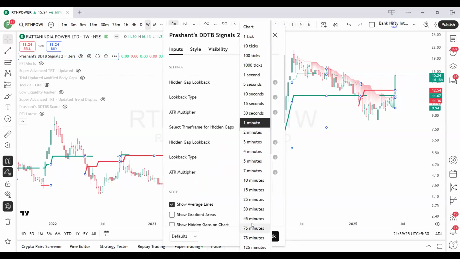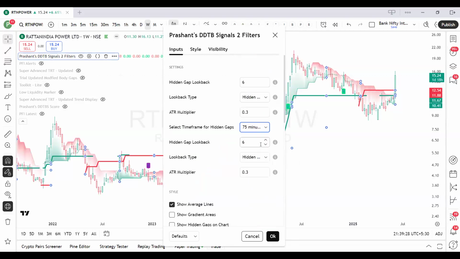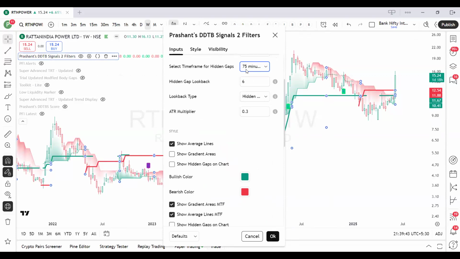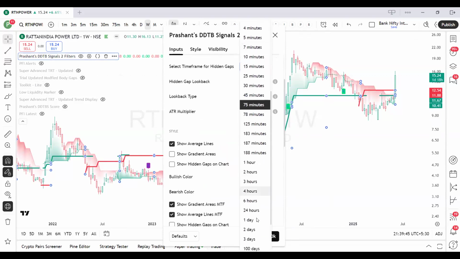So when we are using a daily chart, we have to keep this input at 75 minutes. This is very important. If we are using weekly, then the input should be daily. If we are using a daily chart, the input should be 75 minutes. So it should be 1/5 of the chart time frame. If you keep it a higher time frame, then it will not give appropriate reaction, appropriate interpretations.